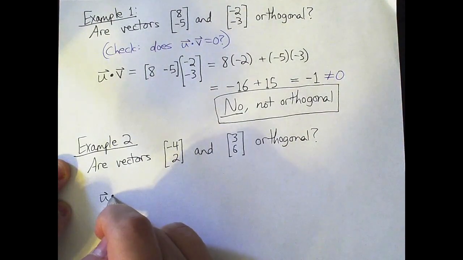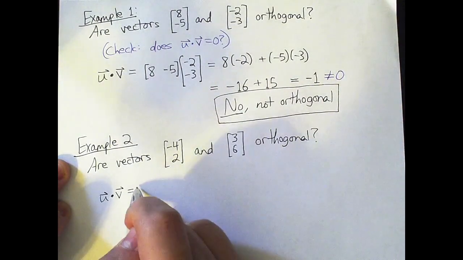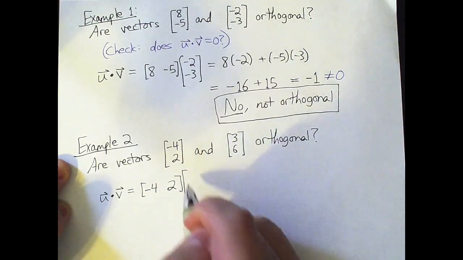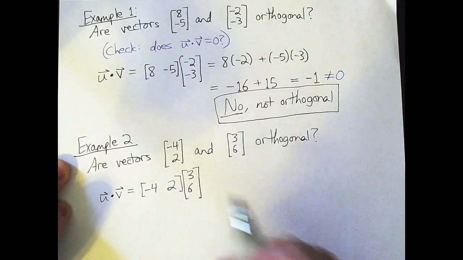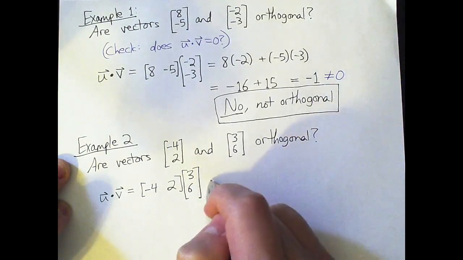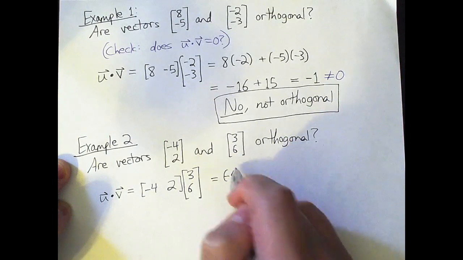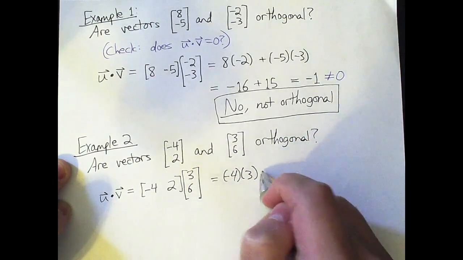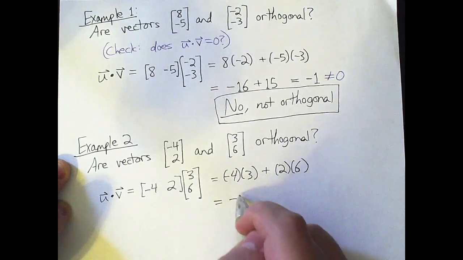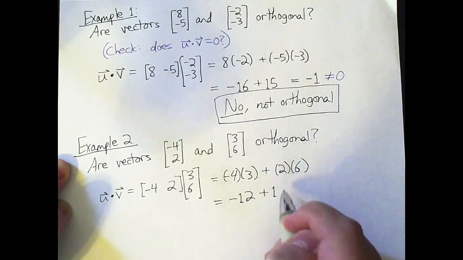We want to check u dot v, see what we get. So -4, 2 times 3, 6. So -4 times 3 plus 2 times 6 is -12 plus 12.